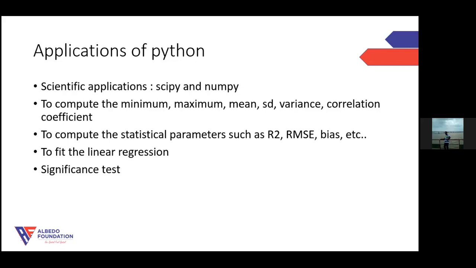We want to see the correlation significance, whether an increase in precipitation is increasing the groundwater level or not, or whether decreasing the precipitation compared to the previous year is depleting the groundwater level or not, or if we are pumping the water, whether the number of pumps is correlating with the groundwater level data or not. So we can check the significance of one parameter with respect to another parameter.